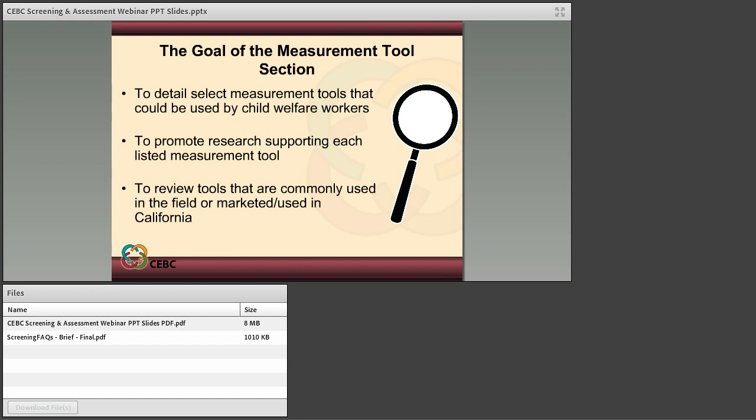So similar to the CEBC program registry, we want to promote truth in advertising to help inform agencies in the decision-making process. Also, if several agencies in the field are utilizing a specific tool, the CEBC wants to review the supporting research for that tool so that if another agency is interested in adopting it, they can access the CEBC to learn what the research base is for that specific tool.